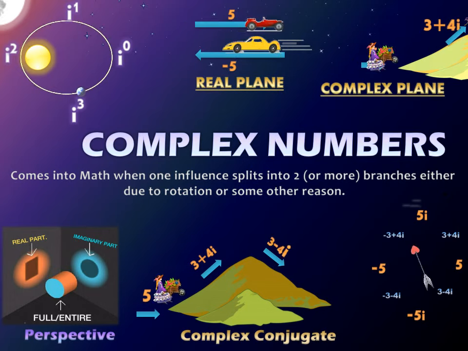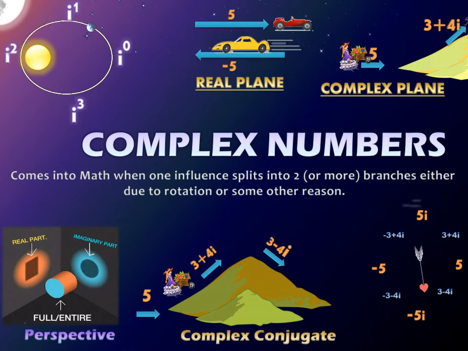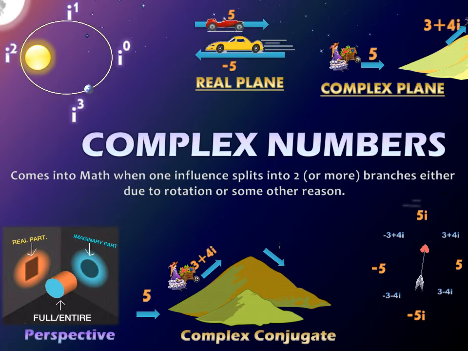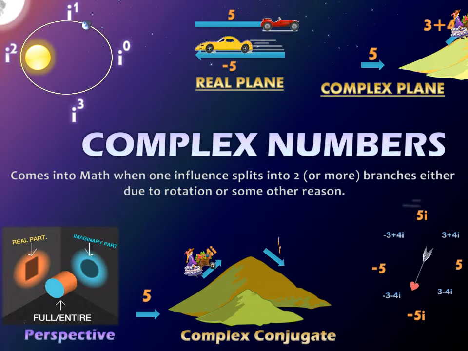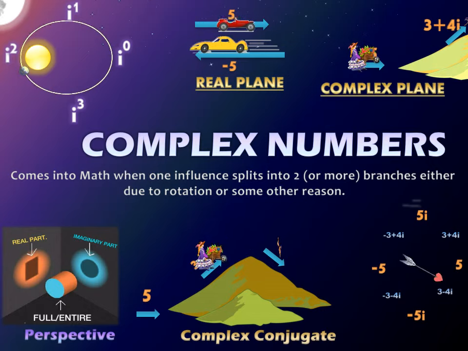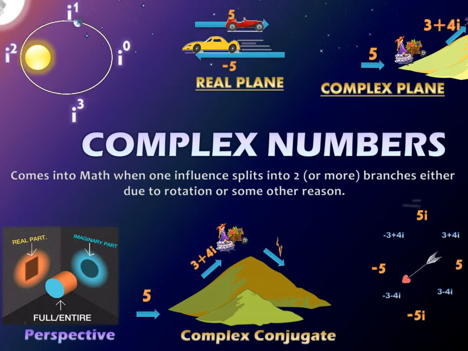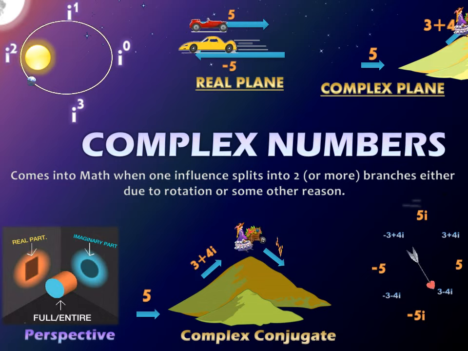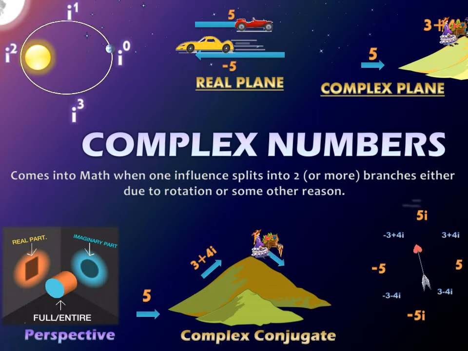This angle can be found out by taking tan inverse of minus 4 divided by minus 3. Minus 5i means the magnitude is still 5, the length of the arrow has not changed, but now a rotation of 270 degrees has taken place in the anti-clockwise direction, or a rotation in the other direction, 90 degrees in the clockwise direction.